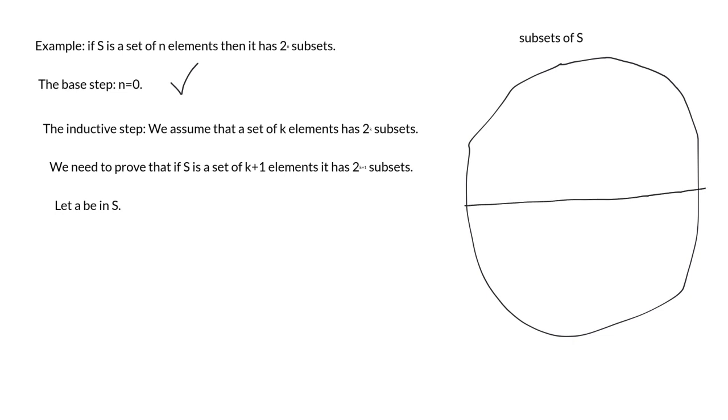I can divide all the subsets into two parts, where one part contains those subsets that contain A, and the other part is subsets which do not contain A. For example, the set which has only A in it is in this part, and the empty set is in this part, and S itself is in this part.